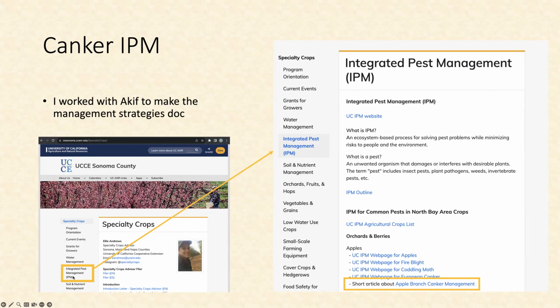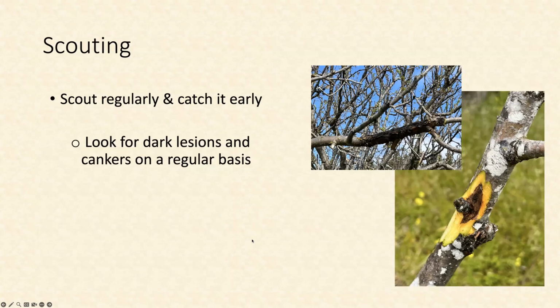If you go to this webpage and click IPM on the little sub tab on the left, it'll take you here. And if you scroll down, you can find a short article about Apple Branch Canker Management. I'm essentially summarizing this doc in the rest of my presentation, so if you ever want to go back and look at it, it's there. I can also send this presentation out if you provide your email in the survey that I'll send and share at the end of this presentation.